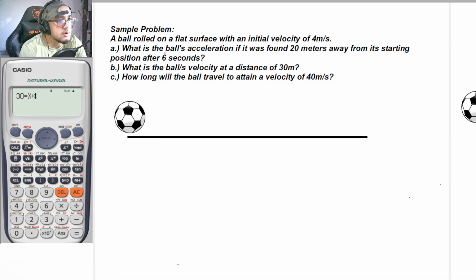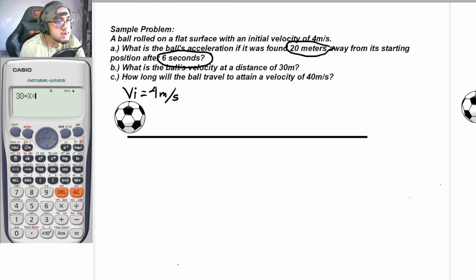The initial velocity, VI, is equal to 4 meters per second. According to the problem, what is the ball's acceleration if it was found 20 meters away from its starting position after 6 seconds?